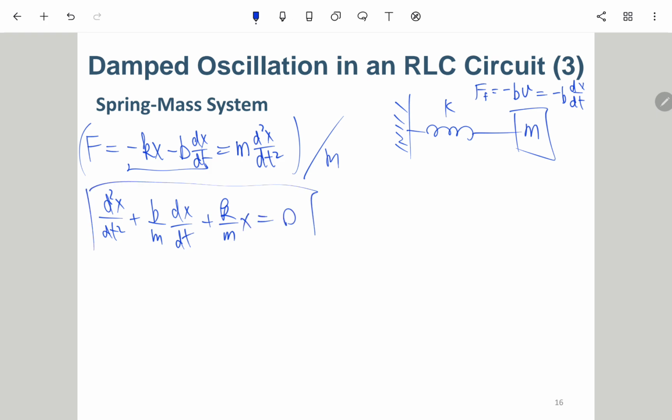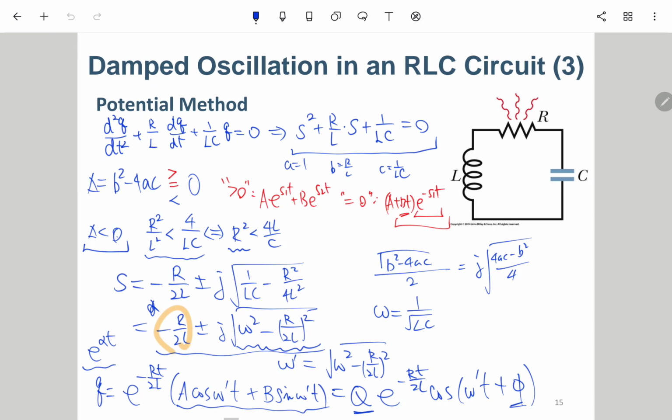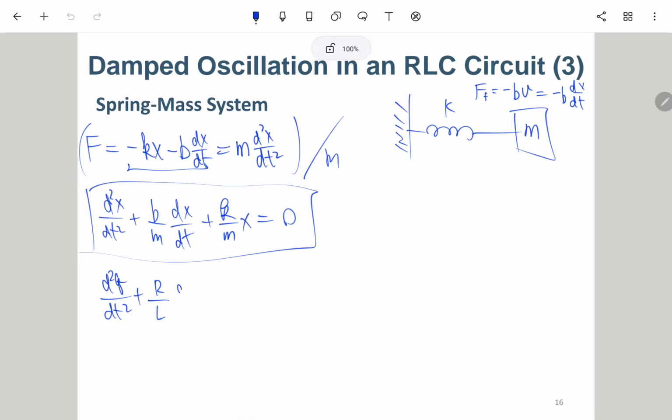So this is the second order ODE corresponding to this spring mass system with friction. Compare it with d2q dt2 plus R over L dq dt, and then plus 1 over LC q equals 0.